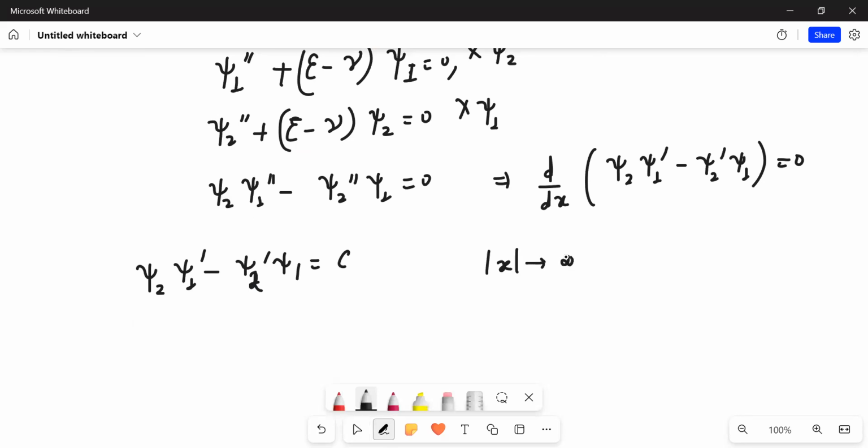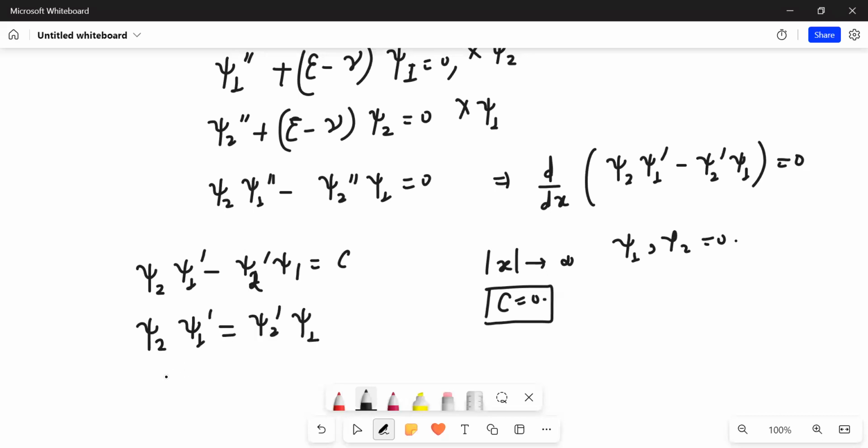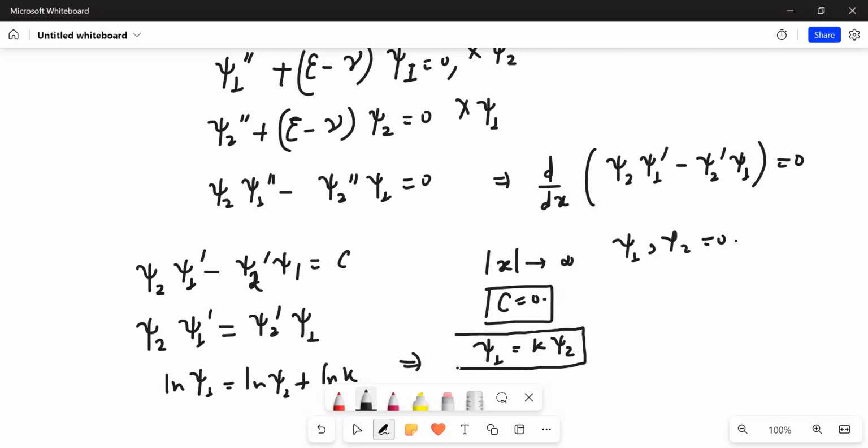For bound states, psi1 and psi2 both must go towards 0, so C must be equal to 0 minus 0, which is 0. So psi2 psi1 dash equals psi1 psi2 dash, you can write that ln psi1 equals ln psi2 plus ln k, which implies psi1 equals k times psi2. They are not different from one another; rather they are equivalent.